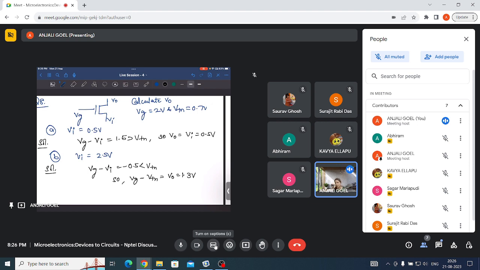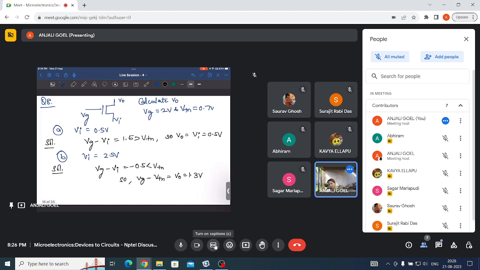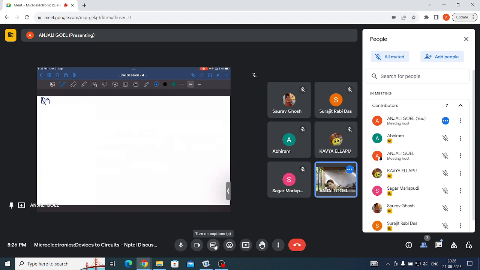Okay, so now this is the same for PFET. Initially Vg is 0 volt and VTP is equal to minus 0.6 volt.